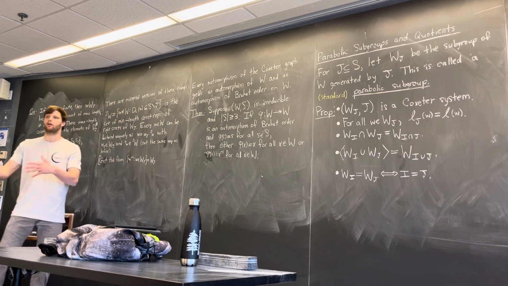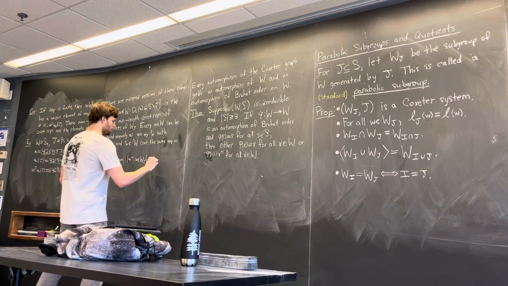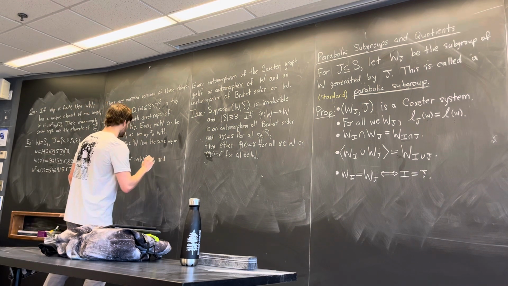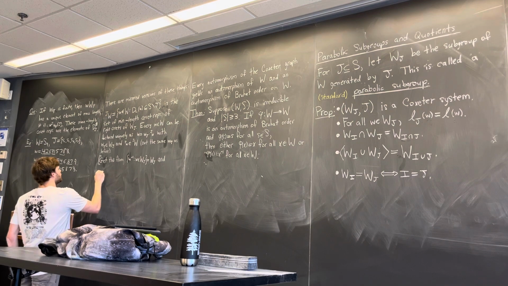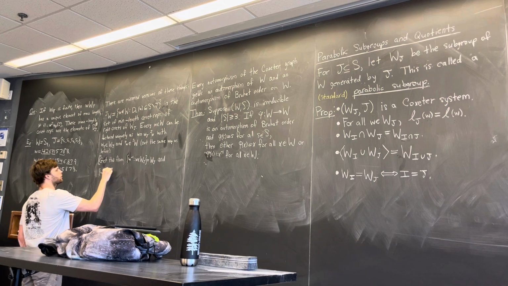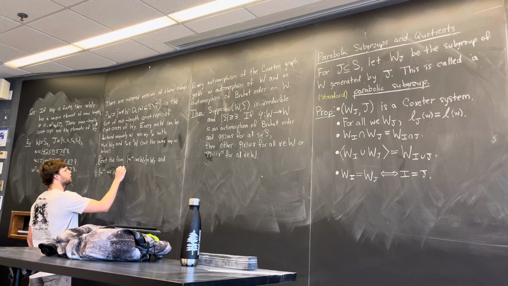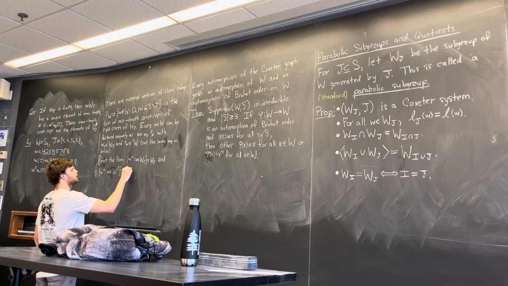A subgroup is closed under taking inverses. And if I take the set of inverses of elements of W superscript j, such that W is in this, that is just superscript j capital W.